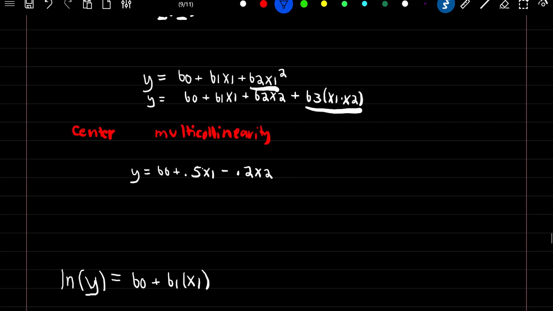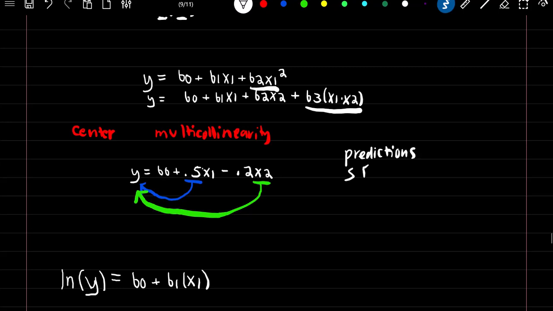This will allow us to say, with a 1 standard deviation increase in x1, we can expect a 0.5 standard deviation increase in y, or with a 1 standard deviation increase in x2, we can expect a 0.2 standard deviation decrease in y. When we standardize our predictors, whether we center, scale, or standardize them, we will still get the same predictions, the same standard errors, and the same coefficient estimates.